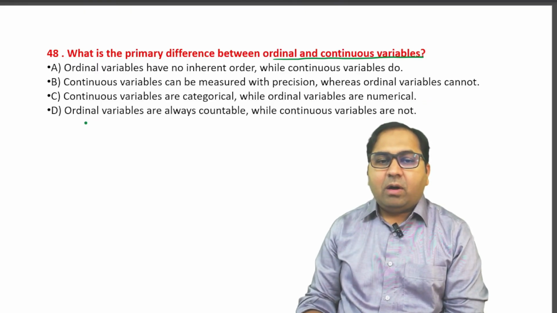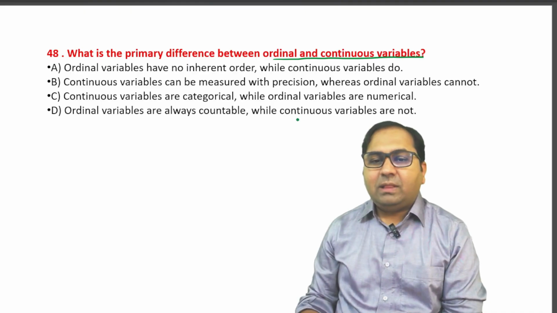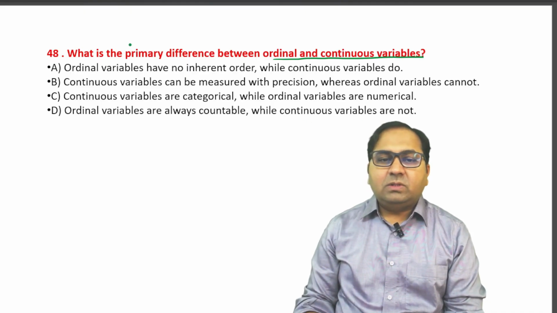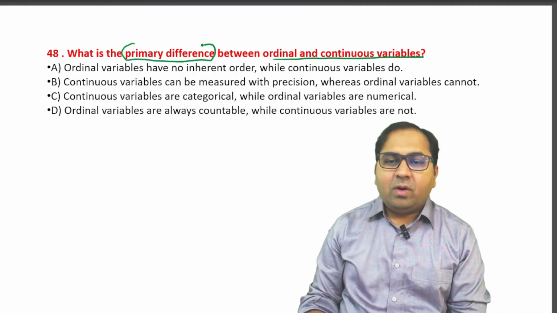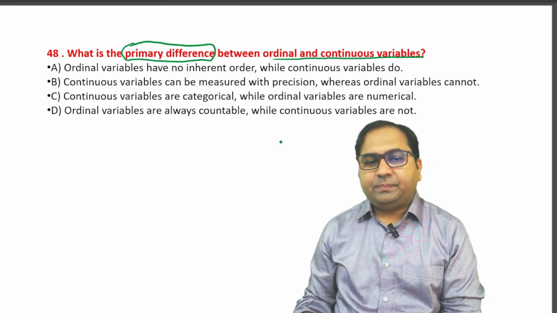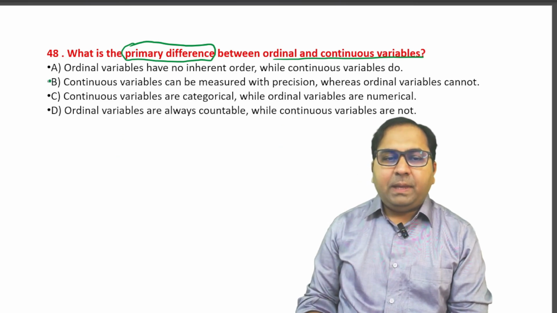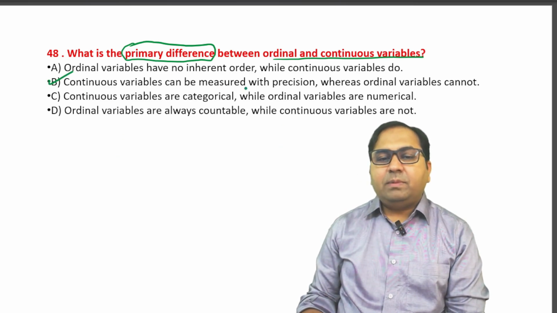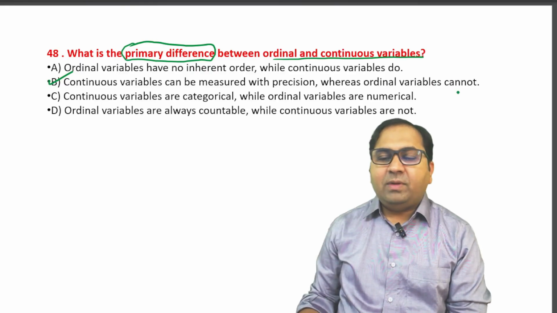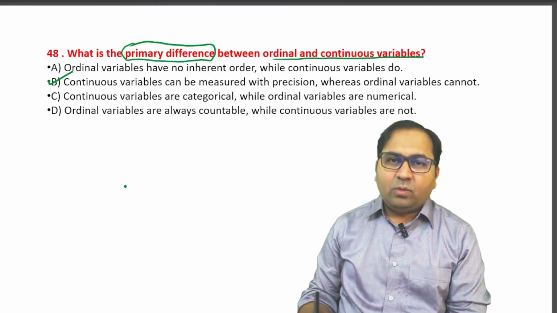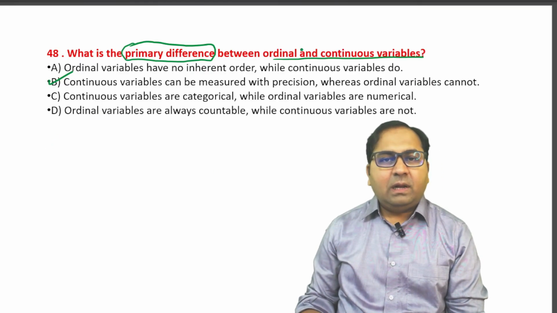Or D, ordinal variables are always countable, while the continuous variables are not. The answer for this question is B, that is, continuous variables can be measured with precision, whereas ordinal variables cannot be measured. That is the primary difference between ordinal and continuous.